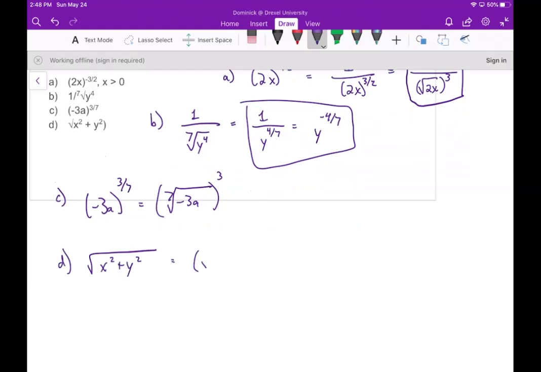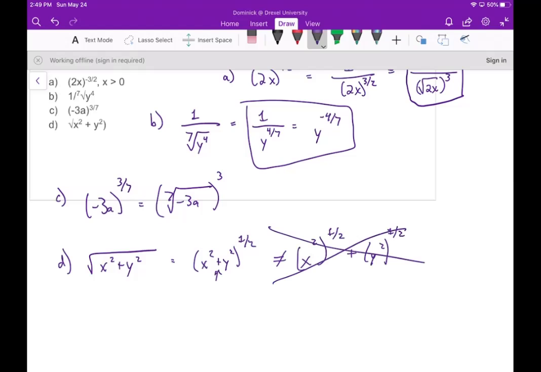Now we can just write that x squared plus y squared as a 1/2 power. Now be careful here. You don't want to say that this is equal to x squared to the 1/2 plus y squared to the 1/2. As soon as you have that plus in between, you're kind of stuck on simplifying it any further. So this is not true. Just want to make sure that's clear.